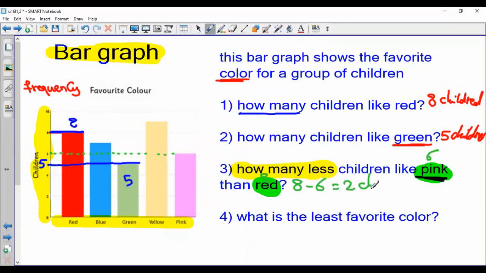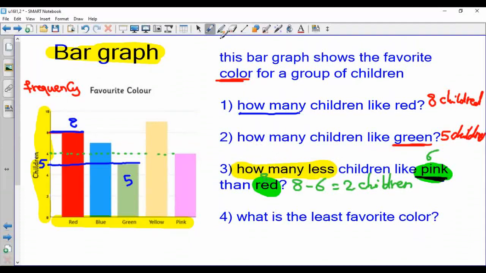So two children is the difference between the number of children that preferred pink and the children that preferred red. So when I'm asking how many less, I'm asking about difference or change.